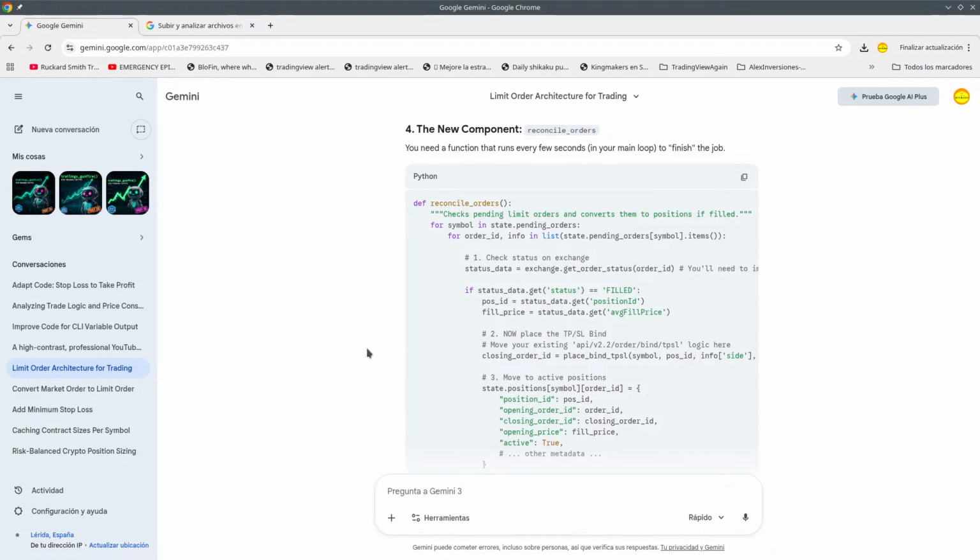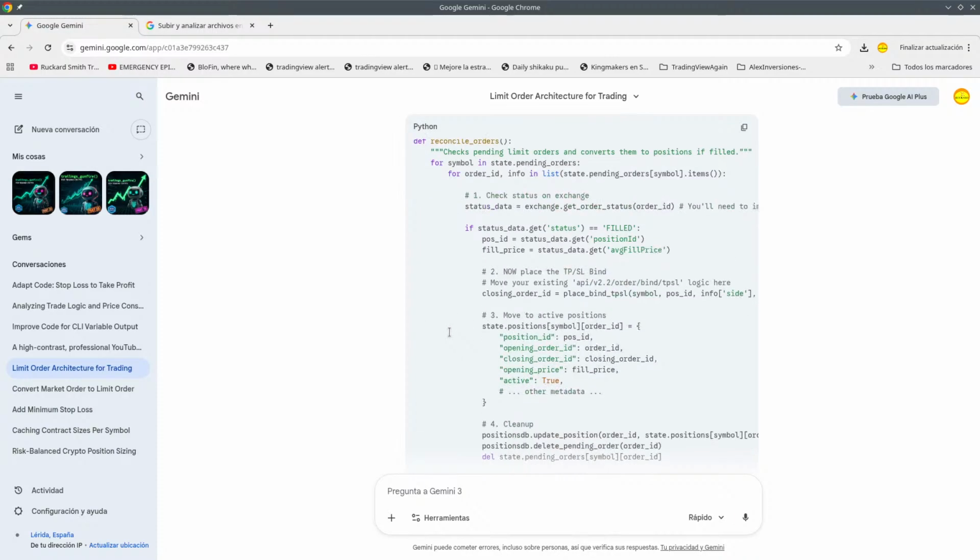And then it proposes that I use a new method named reconcile orders. It should be run every few seconds or whatever, and it should be checking what happens with the pending orders.